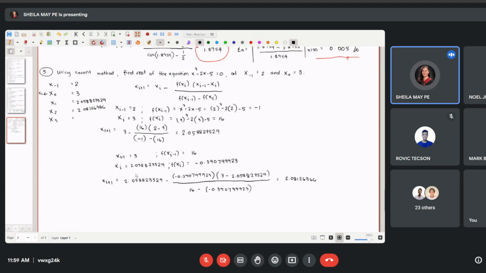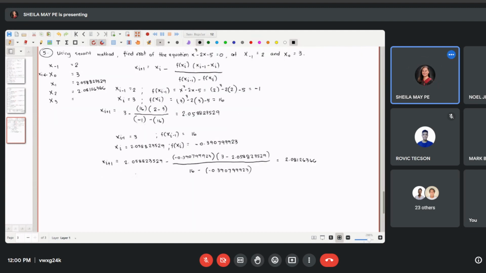Now for our x sub 3, third iteration, we'll use x sub 1 and x sub 2. So x sub i minus 1 would be 2.058823529. x sub i is 2.08126366.